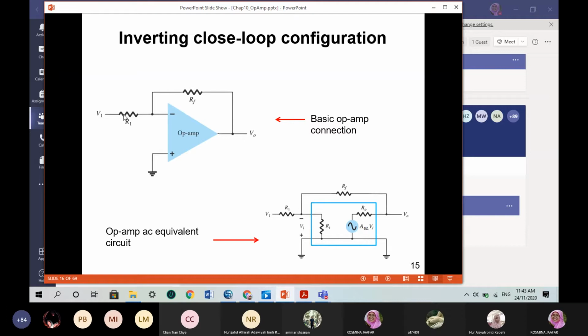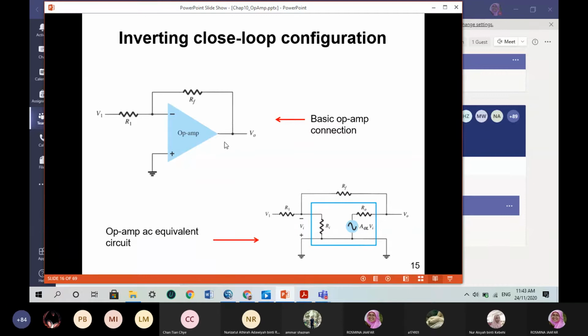In this case, because the non-inverting input terminal is grounded, V2 is 0. So now you only see current passing through R1 and RF, and you measure at VO.